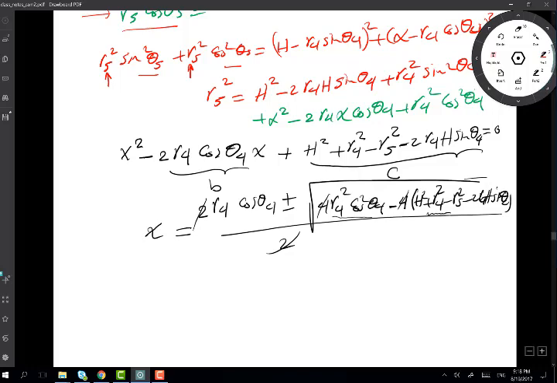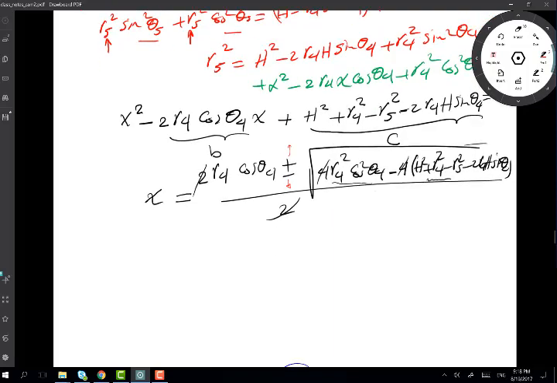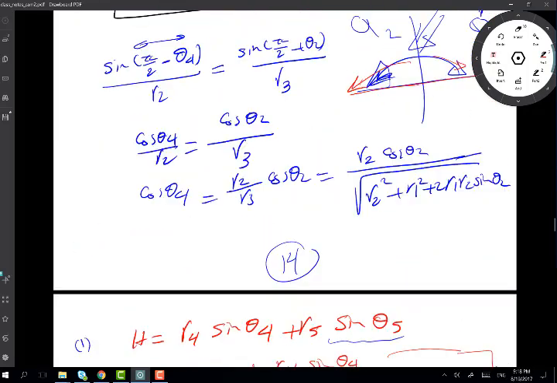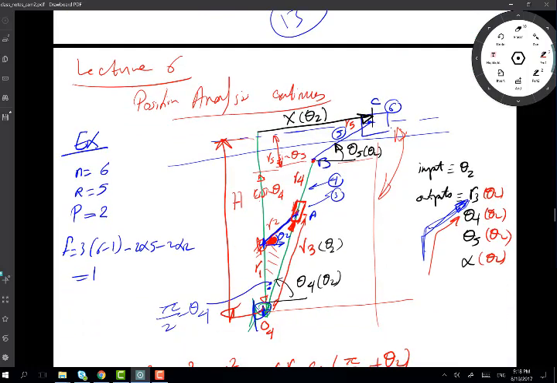We have a plus value and a negative value for x, and you can tell now that those two values for x correspond to two possible assemblies of the linkage. Another assembly would be on the other side of here, like that.